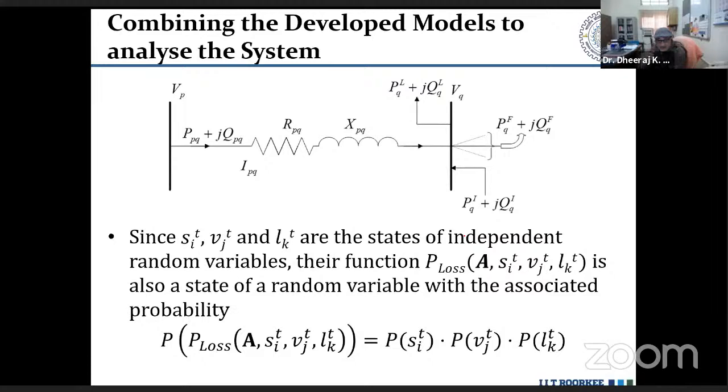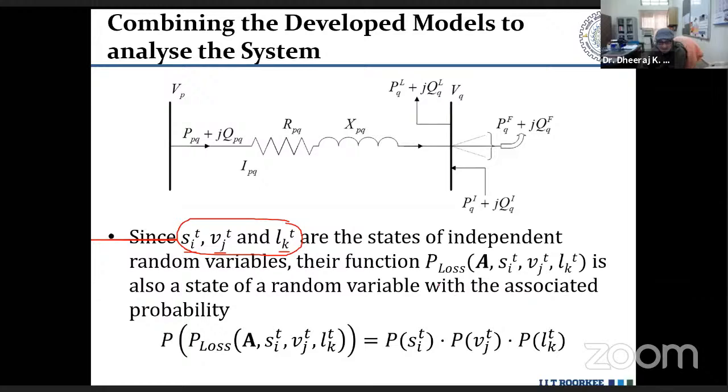Now, how to combine the different models? Here we can see that our solar radiation state, wind velocity, and load are the independent random variables. So any function of these variables is again a random variable.